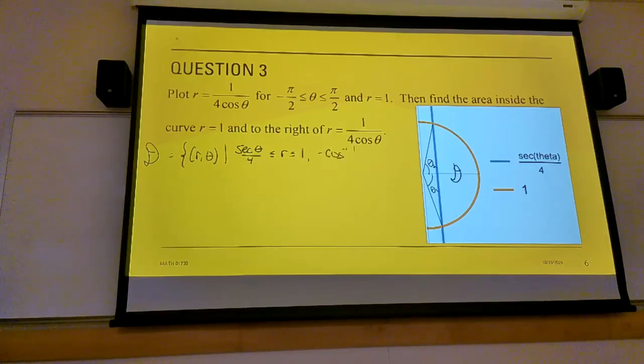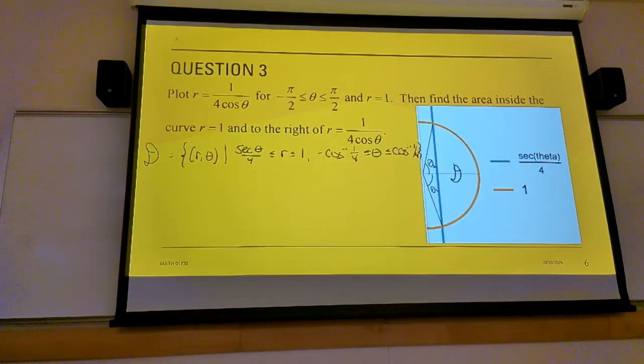Now, because I don't feel like writing the inverse cosine of 1/4 every time, I'm going to represent it with psi, my favorite Greek letter. We're looking for the area inside that region.